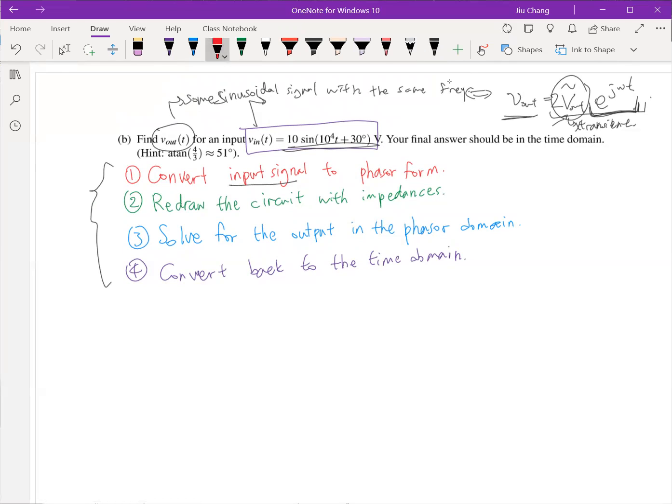So we will have the magnitude of our input signal over 2 times e to the power of j and then phase.